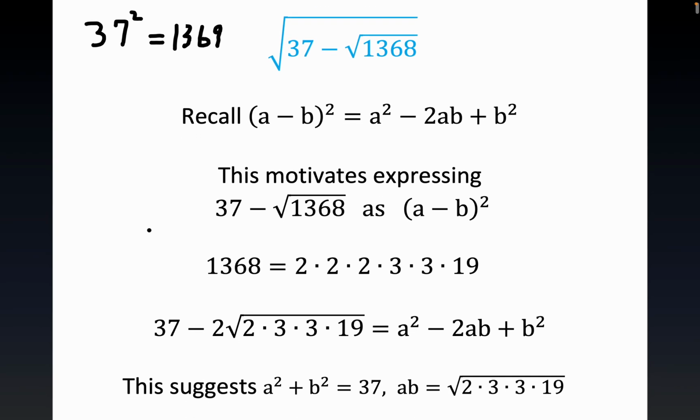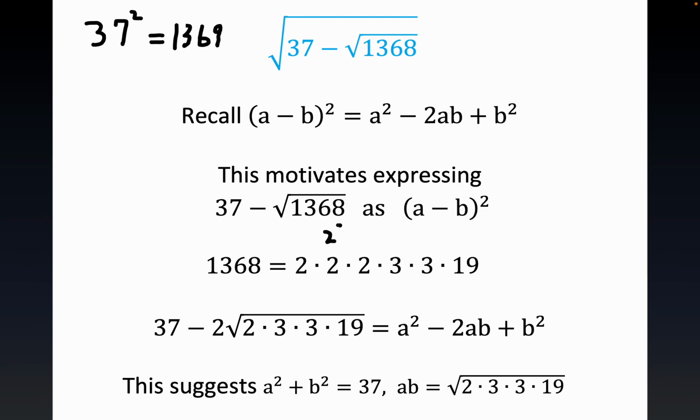What turns out to be useful that I haven't seen on the other channels is to write down the prime factorization of 1368, which is fairly easy to do on your own. It takes some time, and I didn't show the work, but you get 2 times 2 times 2 times 3 times 3 times 19.